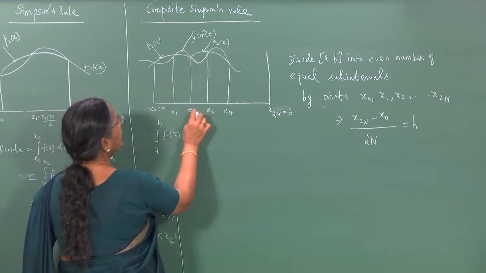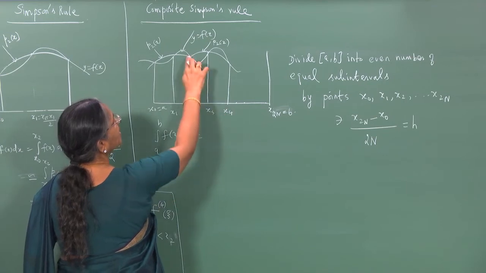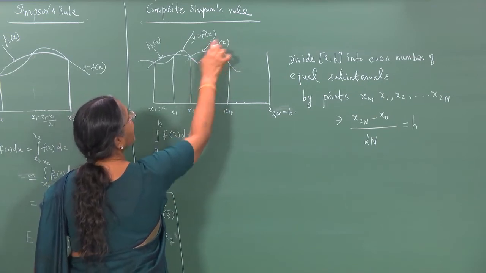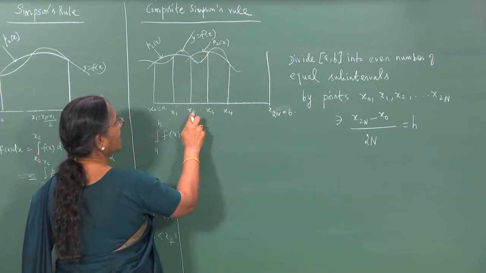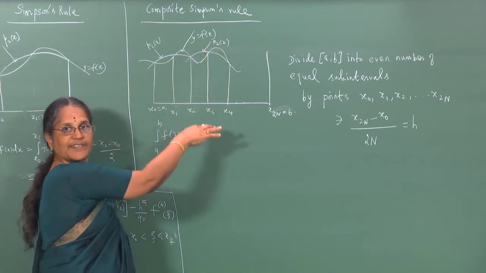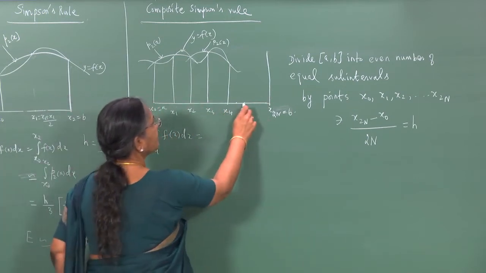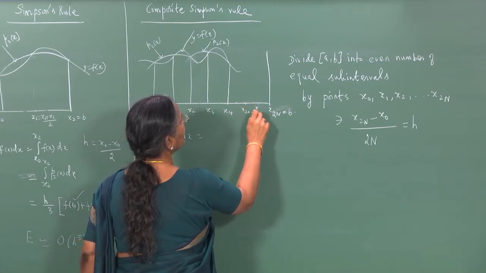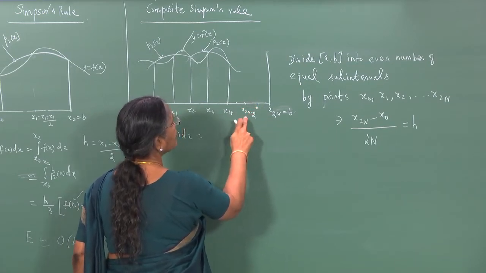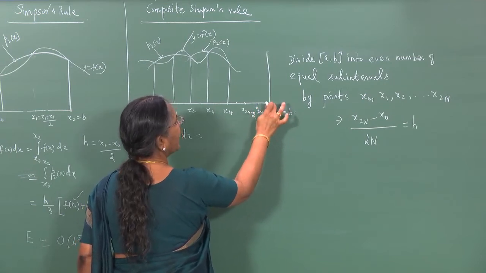Similarly, in the interval x2 to x4, again I approximate the function by a quadratic polynomial that interpolates this function at the points x2 f2, x3 f3, x4 f4, and I continue this, and I will have the last interval to consist of the points x2n minus 2, x2n minus 1 and x2n.